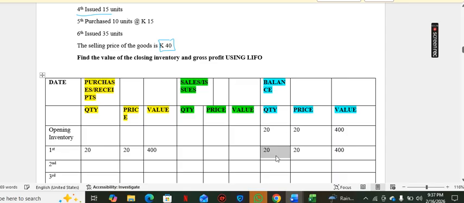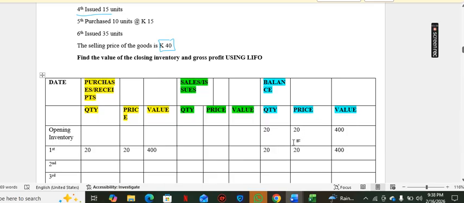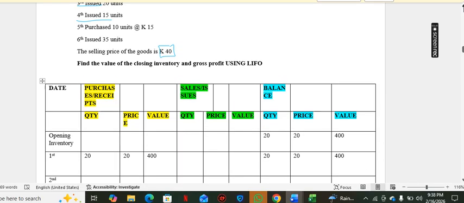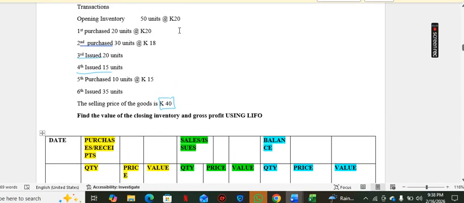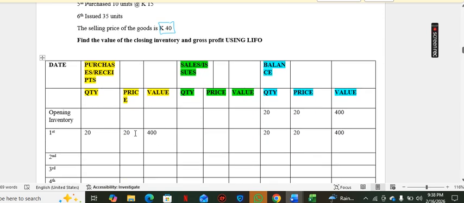We've got these 20 units valued at 20 kwacha, which was our opening inventory. We've brought in another 20 units. Let me put another price so that it's not confusing. I'll say valued at 19 kwacha, so that we can clearly see the distinction.